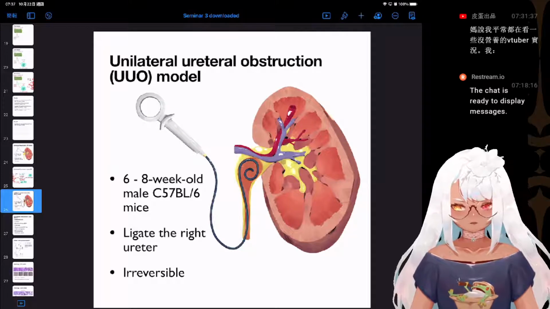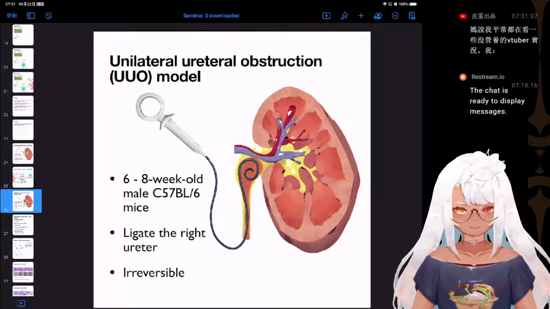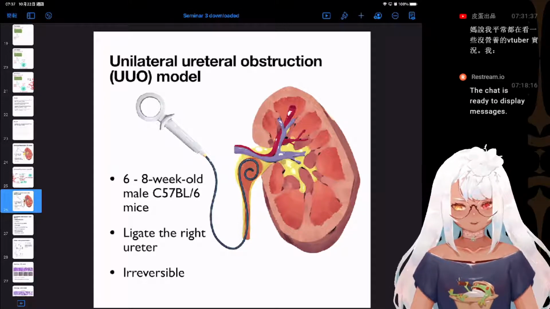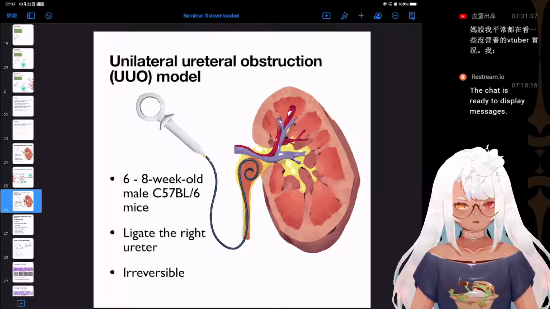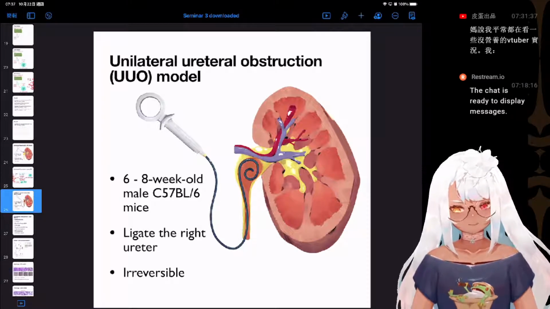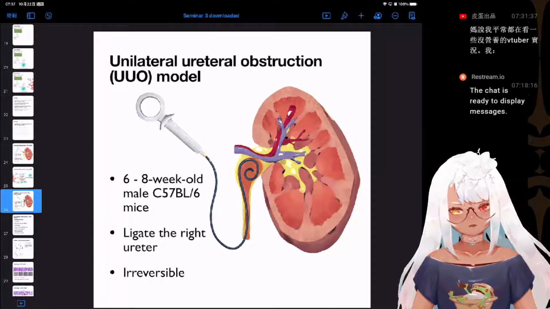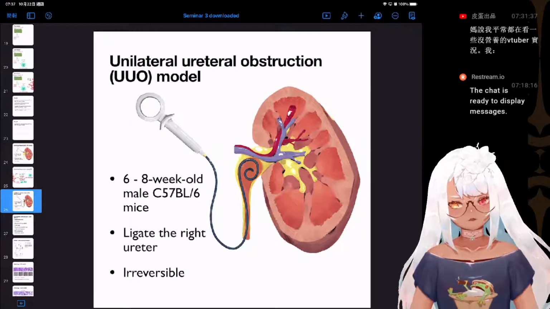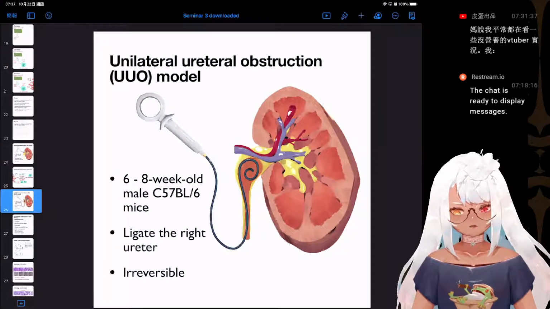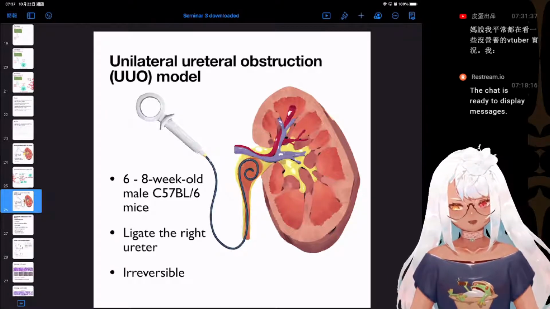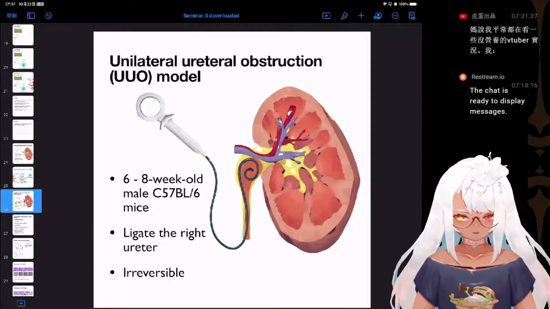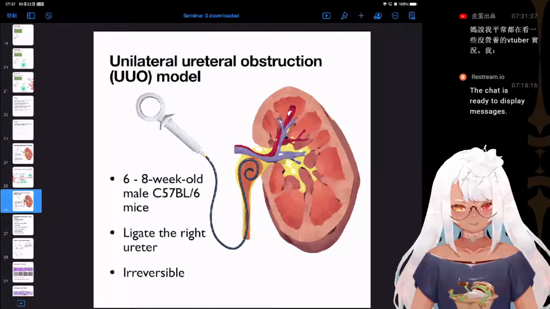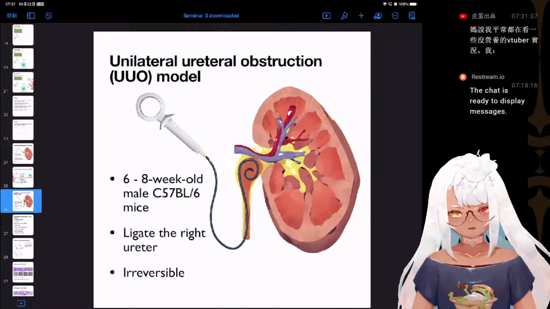They put a ligature and obstruct it inside the kidney, at the kidney pelvis. As you can see here, when this thing is stuck, the urine will not be able to flow through this ureter.